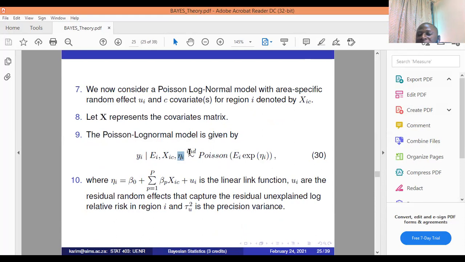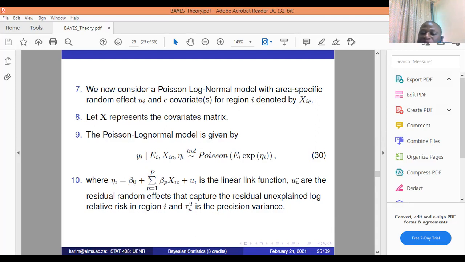That is the likelihood function. We say y is independent and distributed as Poisson with the expected cases and the exponent of the eta. The eta is just beta naught plus, generalizing that, the summation from 1 up to p of beta 1, beta 2, up to beta p. This is the linear link function, or the linear predictor.